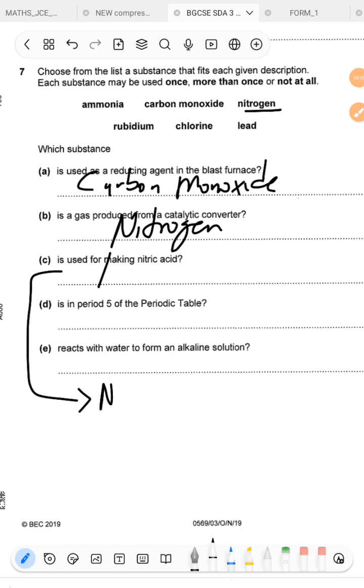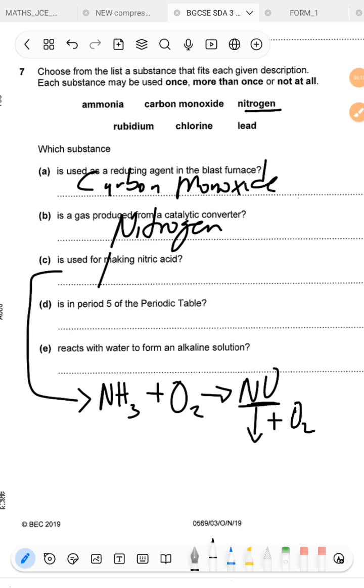So you're going to take your ammonia and react it with atmospheric oxygen, O2, and then you get nitrogen oxide. Of course, you continue oxidizing this in a chemical enclosure, and then you add more oxygen to this and you get your nitrogen dioxide.